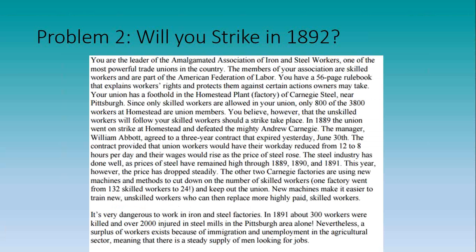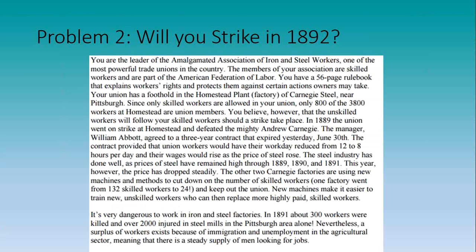And your union contract has just expired with the Carnegie Foundation, but this one is run by Mr. Frick, and you are trying to negotiate with Mr. Frick about this new contract, and he is not as interested in negotiating as you are.